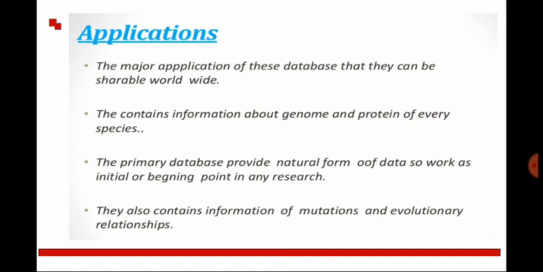They also contain information on mutations and evolutionary relationships. Mutations means sudden changes in genetic material, so it is useful for studying mutations and evolutionary relationships of all organisms in their life.